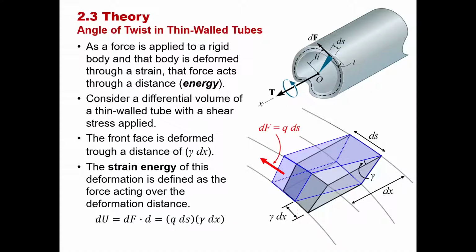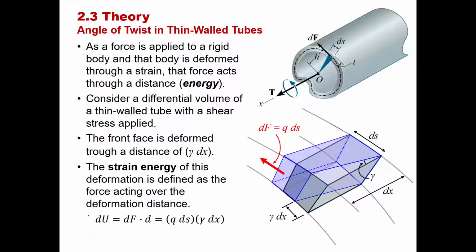And the distance it's going to be deformed is the shear strain times dx. For this, we're using the small angle approximation for sine of the shear strain. It would be dx sine of gamma, but because gamma is small, we can just say it's approximately gamma times dx. The small angle approximation is one of those very common assumptions that we use a lot in engineering proofs.